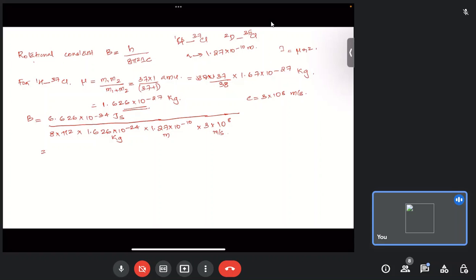So this will come to 6.626 divided by 8 into pi square into 1.27 into 3.